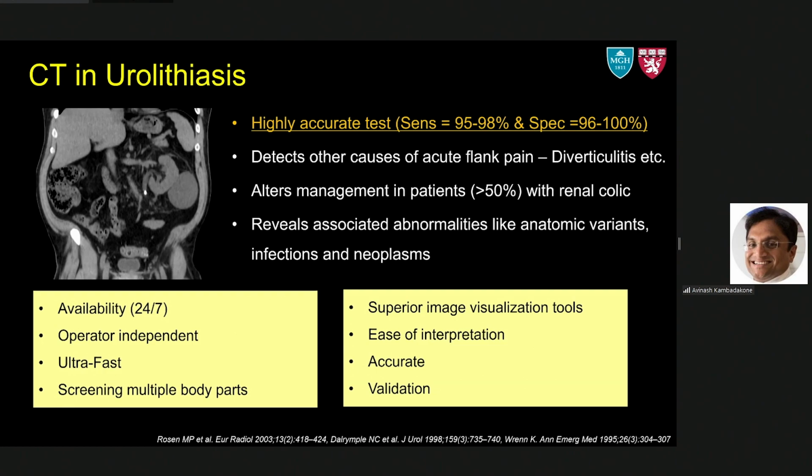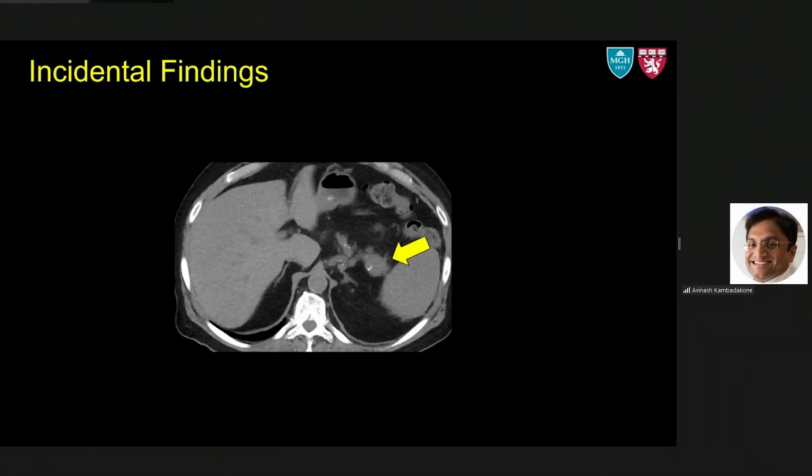Now, when we talk of a radiation dose with stone protocol CT, it is important to keep in mind that incidental CT findings not related to stone disease can sometimes have a higher impact on patient management. And that's something which we need to keep in mind when we are trying to optimize the protocol for dose reduction. That is, you do not want to reduce the radiation dose so low that incidental findings are missed.